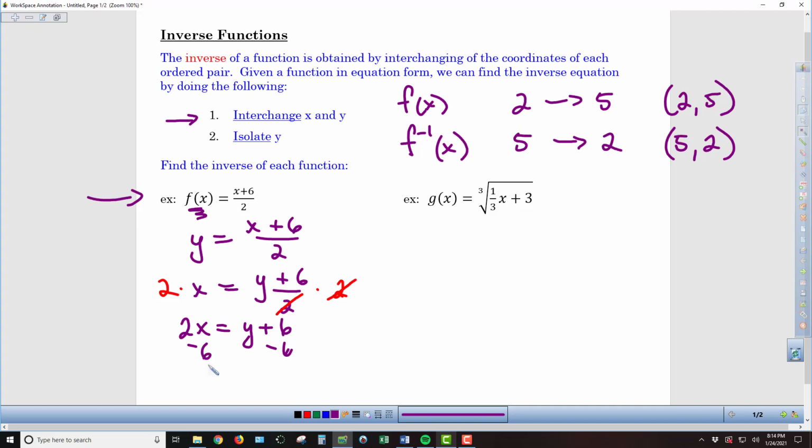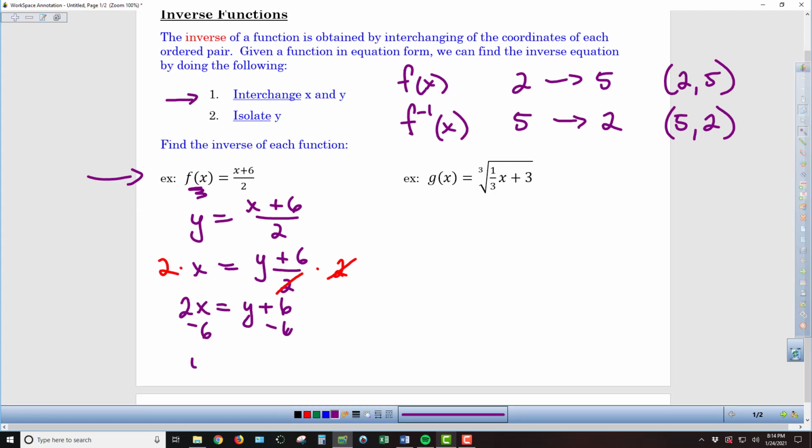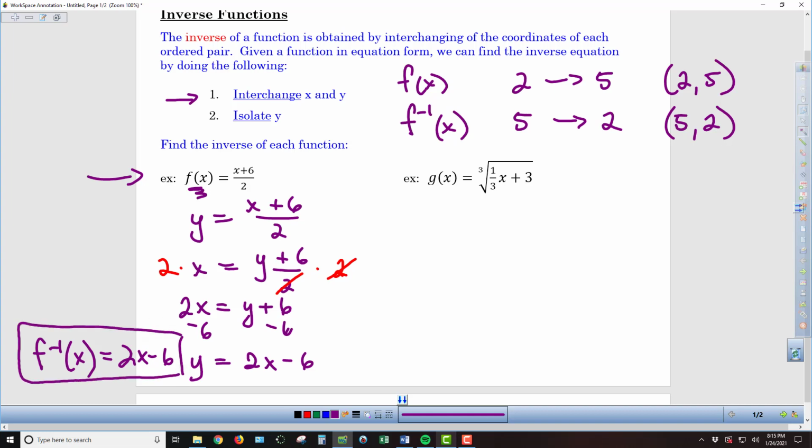So if we scroll down a little bit to leave us more room, we get y equals 2x minus 6. Or if we want to stay true to our inverse function notation, instead of putting y there, we're going to put f and then the -1 exponent of x, indicating that it's the inverse of the original function f of x in this problem, equals 2x minus 6. So there's the way we want to write that inverse.